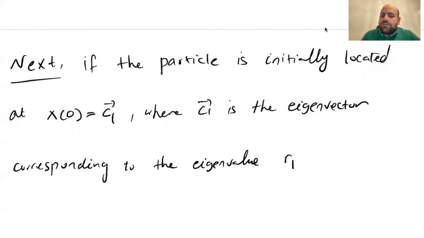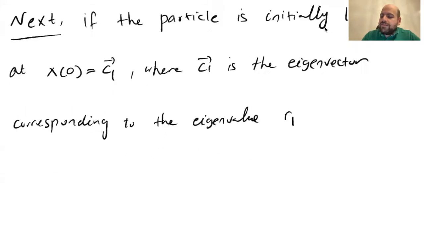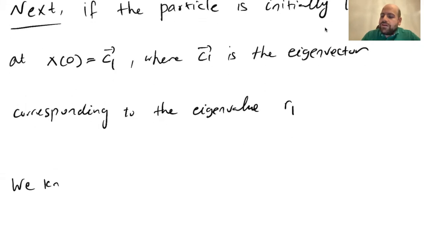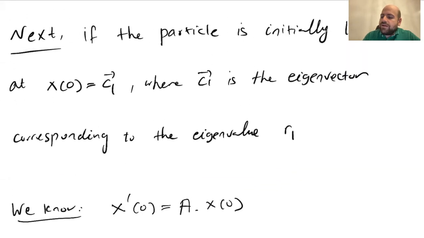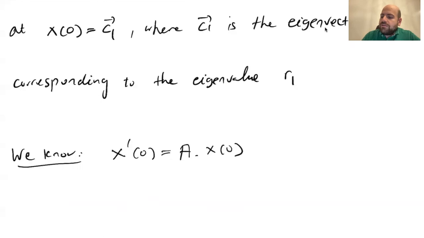Now, how does the movement look like in that case? So we know in order to find out about the movement, we have to look at the velocity, and we know that the velocity x prime at any moment can be found by multiplying A with x at that moment. So initially the velocity can be found as A times x of 0, and x of 0 we are assuming is C1. So then we can write this as A times C1. But I'm assuming that C1 is the eigenvector with eigenvalue R1.